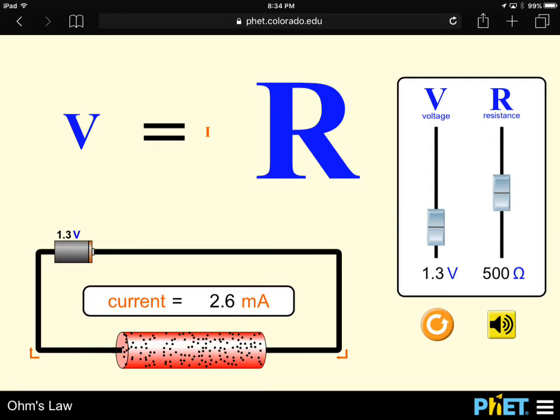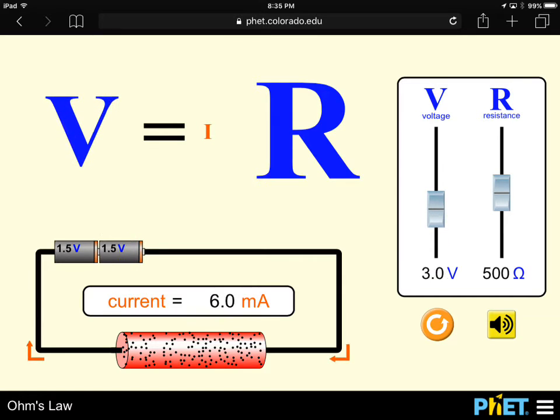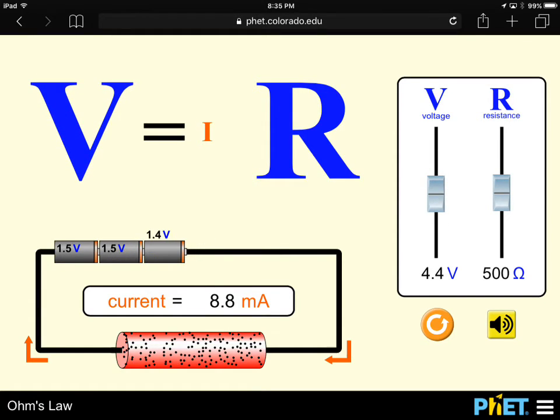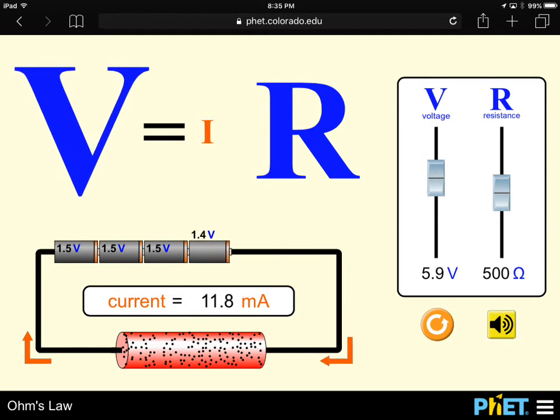Here's 1.5, and I get 3 milliamps. Now when I double the amount of voltage, I've doubled the amount of current. And now I've tripled the amount of voltage, and I've tripled the amount of current. So you can see what happens. Every 1.5 volts I add, I am increasing the current by a proportionate amount.